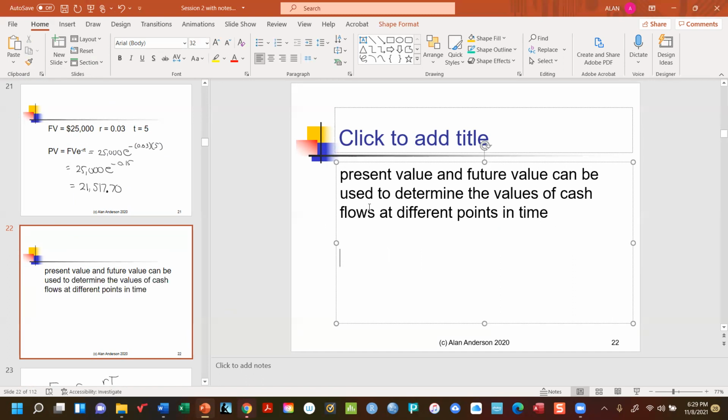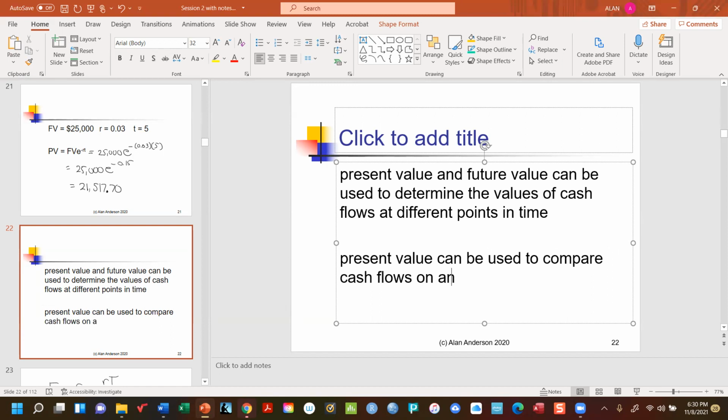In particular, present value can be used to compare cash flows on an equal footing, regardless of when they are received.